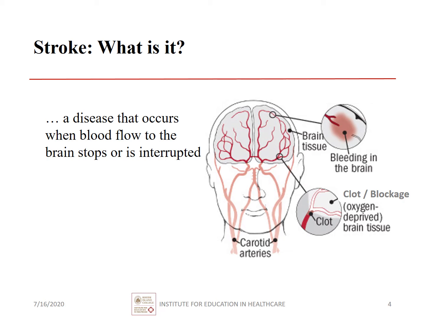And so not only does that cause bleeding into the brain and pressure into a part of the brain that normally wouldn't have it, but also the blood flow that normally would flow through that blood vessel is interrupted. Stroke is the second leading cause of death worldwide and the leading cause of acquired disability in adults in most regions. Let's explore these two causes of stroke in more detail.